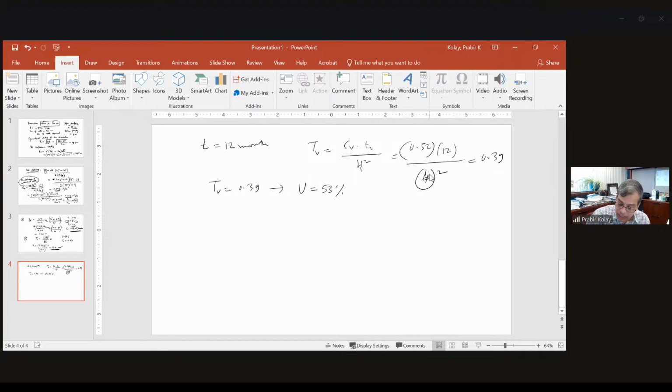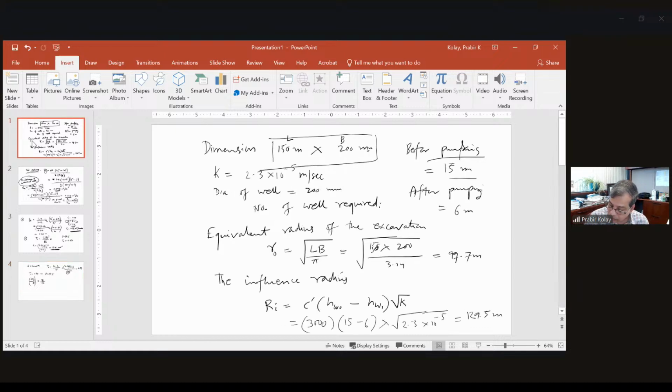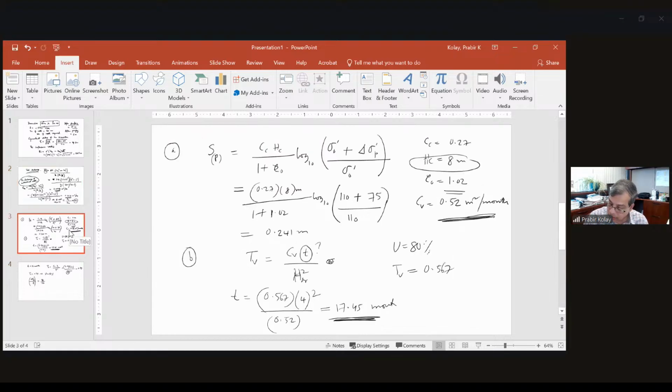So now you need to use delta sigma P prime divided by sigma naught. From the graph, you need to calculate. We know that the initial pressure was 75, and then this was 110, like the earlier one we mentioned, right? Sorry, this one, over here. So 75 and 110, that's the one we mentioned.